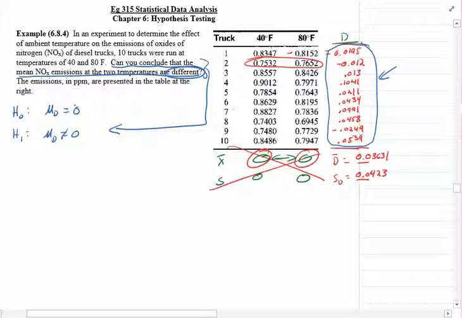Remember, you've got a two-sided test, and you've got those hypotheses, because we're after something that's just different.